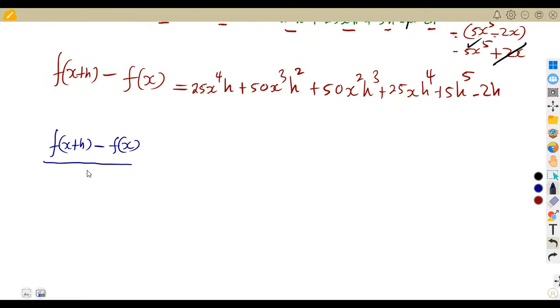All right, it's good to be writing down. So what we are going to have at the end is that, as we can see, h is common here on the f of x plus h minus f of x. H is common, so we can factor out that h so that we can divide by the h that we need in the denominator. So if we factor out h, this is going to be 25x to the exponent of 4.